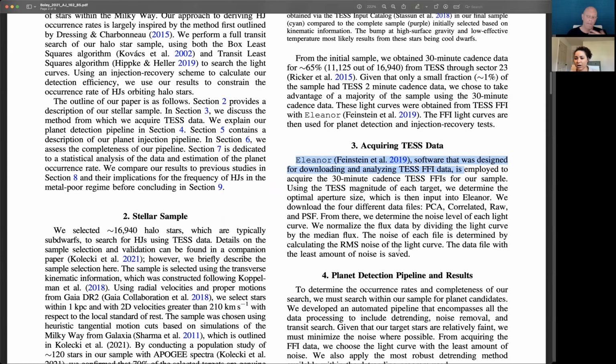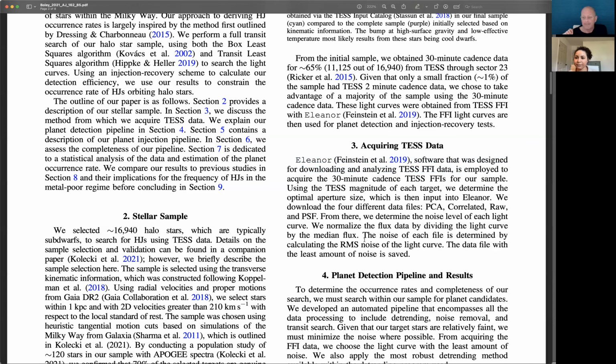So for each star, we decided to select whichever data had the least amount of noise. We didn't look at each one specifically, because that would absolutely be a nightmare. So this was quite automated. We looked at the noise of these light curves and then downloaded that specific flux.